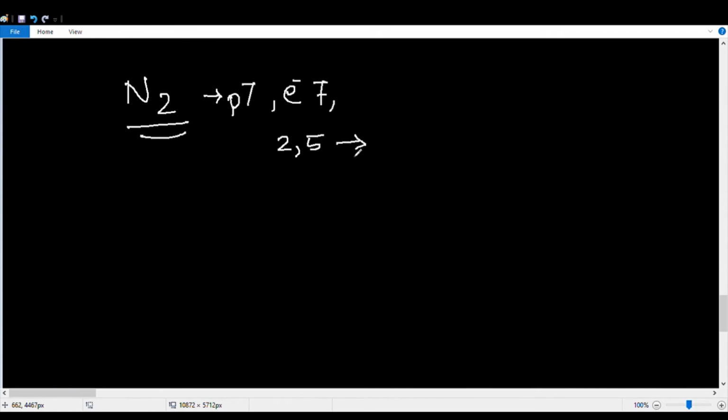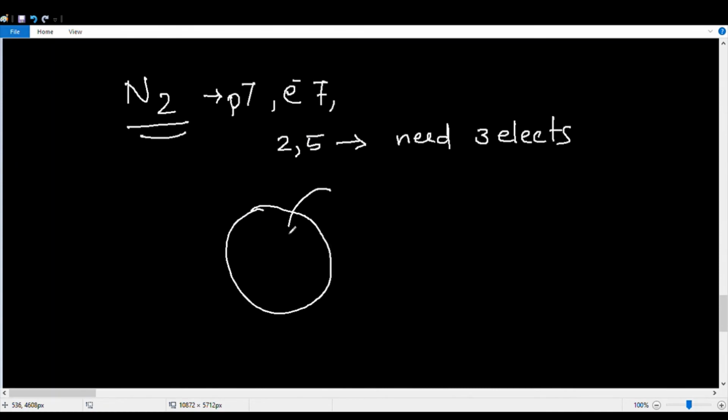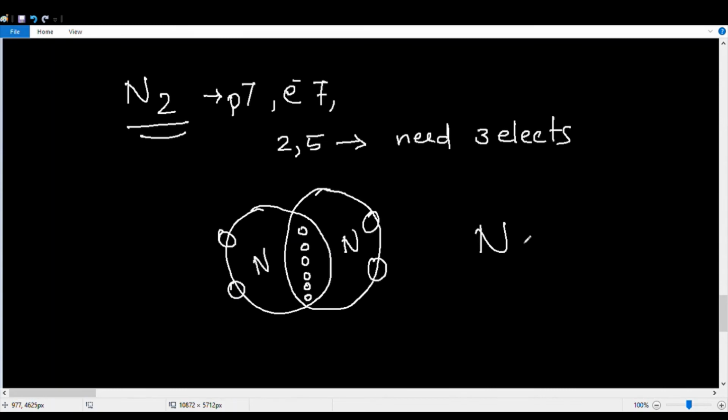So it needs 3 more electrons to become stable. So 6 electrons will be shared, and both reach 8. So nitrogen has a triple bond with nitrogen.